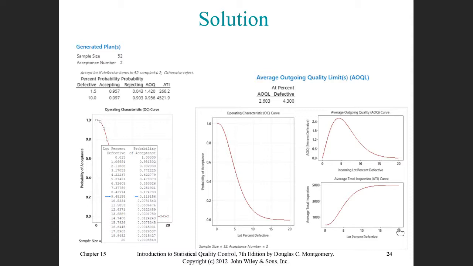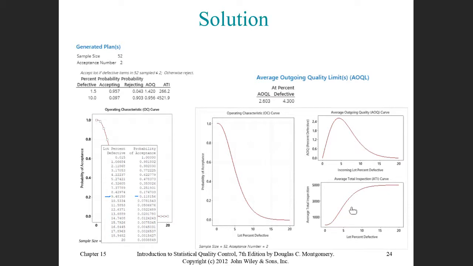It's not common to use the ATI, or the average total inspection. Just to explain the meaning of that figure, it represents the average number of inspected items after the additional inspection and the rework is done. So the ATI per lot represents the average number of pens inspected at a certain quality level and a probability of acceptance.